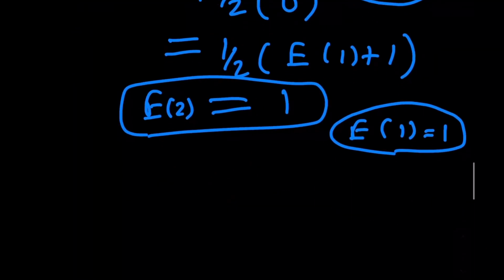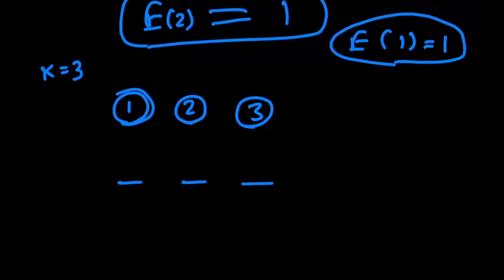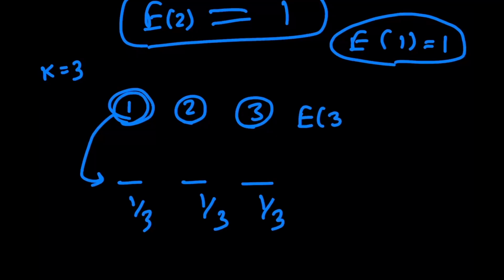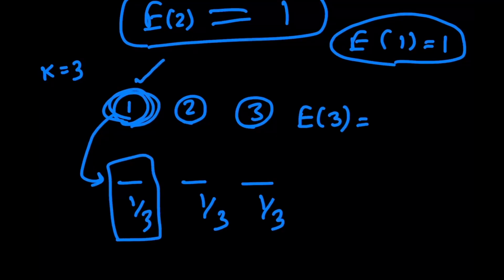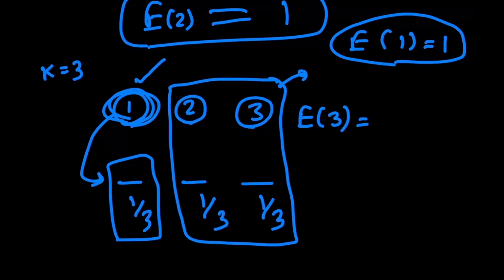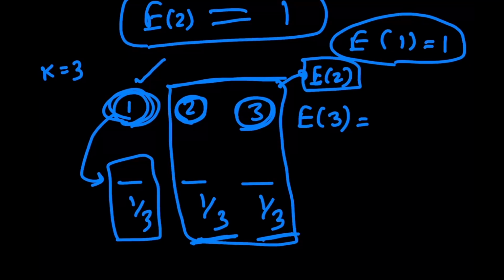Now let's look at the case of K is equal to 3. If you look at number 1 again, then there's a 1 by 3 chance of going into each of these 3 slots. Now let's try to start calculating the formula. Again, there's a 1 by 3 chance of going into the correct slot, which will lead us to a match. And again, effectively we're left with E of 2, right? Try to look at this situation from the perspective of we have two numbers and their correct corresponding slots remaining, which is effectively just the beginning case for E of 2.